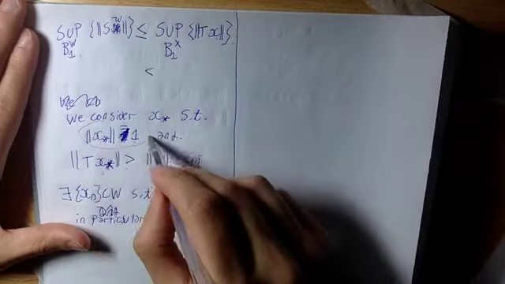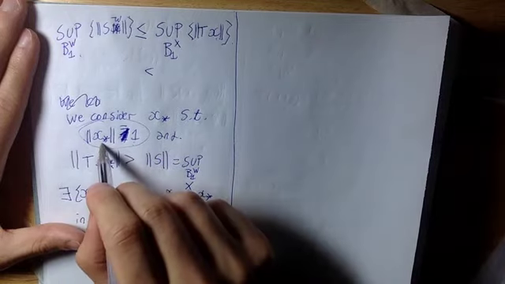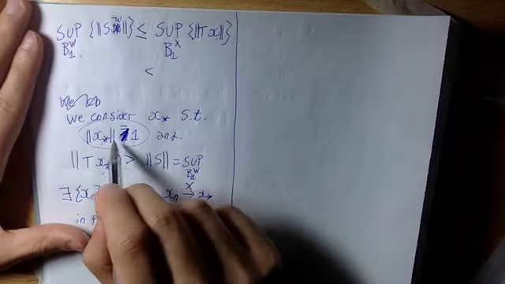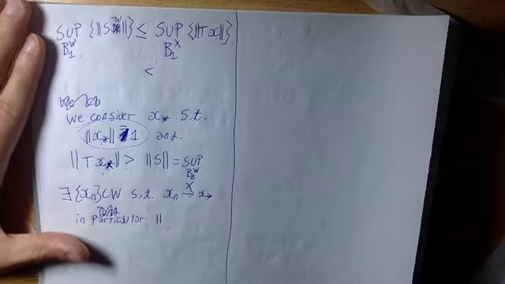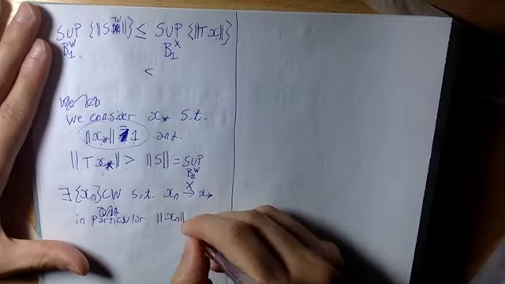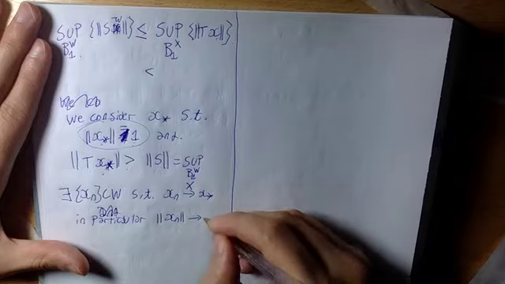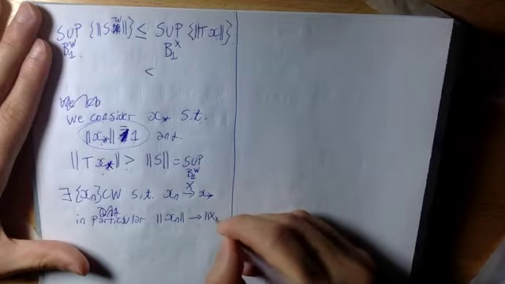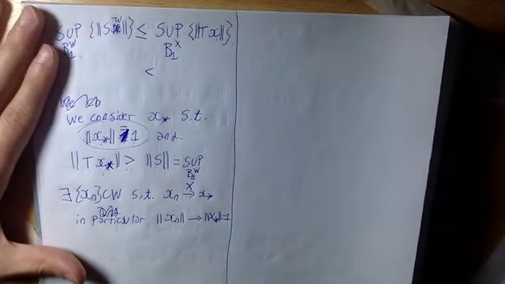So you can actually show that the norm of the maximizer will be at the boundary. So in particular, what we have is that the norm of x_n converges to the norm of x star, which is equal to 1.